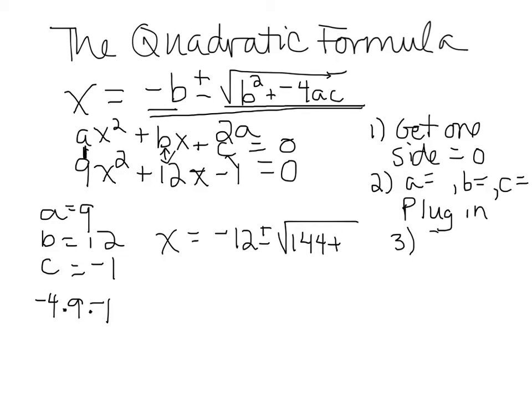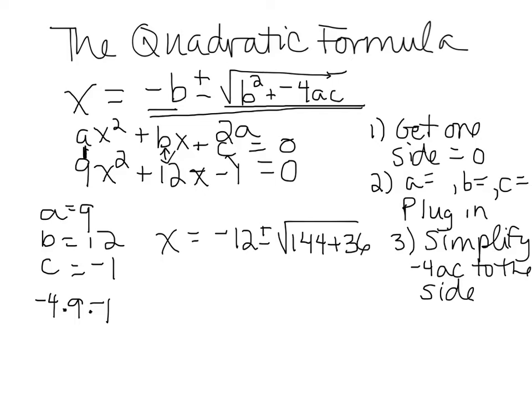Okay, simplify. Sorry to interrupt the song. Simplify. Negative 4 times a times c to the side. Of course, you don't need to do this, but it will help you avoid making mistakes. And then that whole quantity divided by 2a.